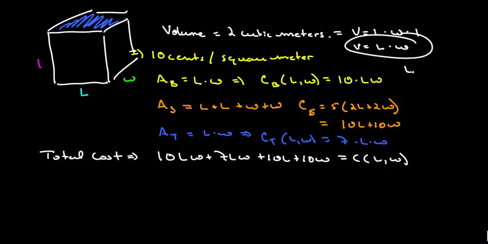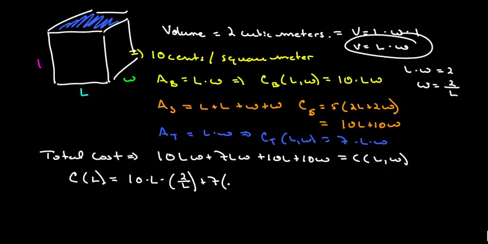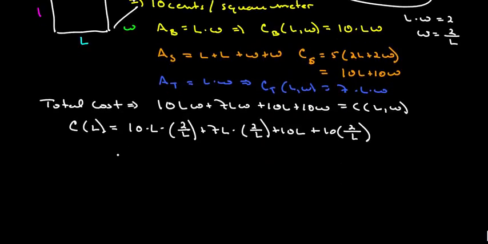We know that the volume is equal to 2, so L times W times 1 is equal to 2, so I can get rid of either L or W. I'm going to choose to get rid of W, so we're going to say W is equal to 2 divided by L. So the cost as a function now of just L is equal to 10 times L times 2 over L plus 7 times L times 2 over L plus 10L plus 10 times 2 over L, just like that.